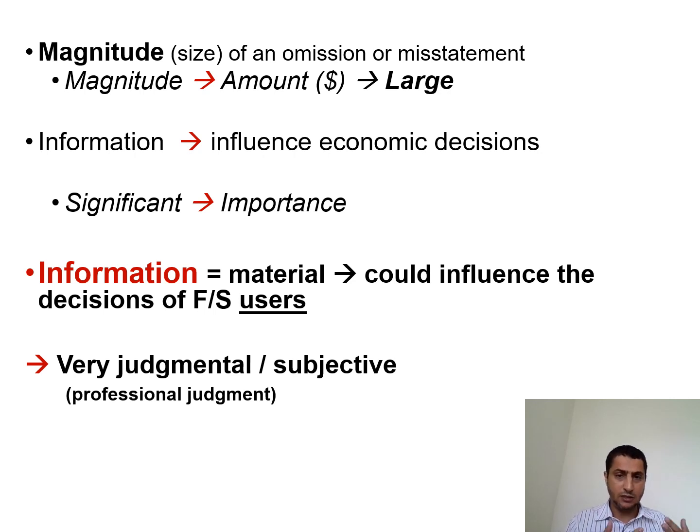This information is very significant and can influence or divert the decision-making process of the users. To summarize, information equals material, and this could influence the decisions of financial statement users.